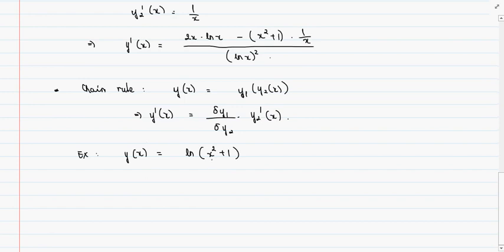I'm treating the whole thing inside the bracket, inside the function log, as another function of x, which I'll call y2 of x. And the whole log of y2 is the y1 function, so the whole thing is y1 as a function of y2.